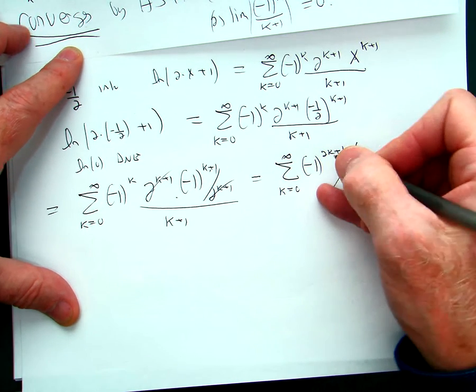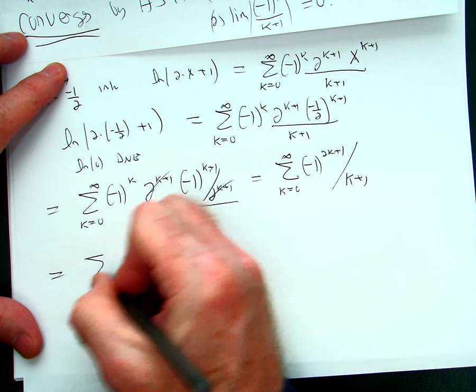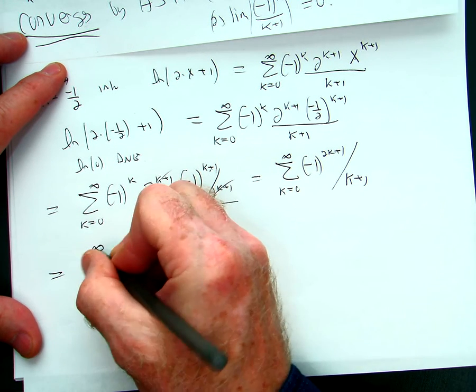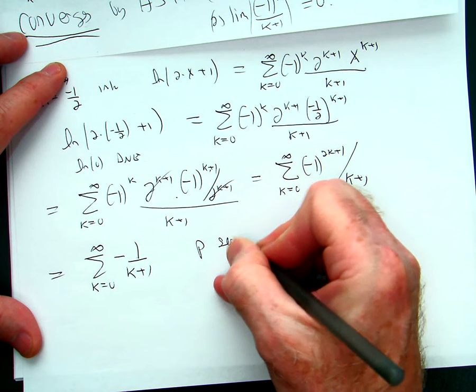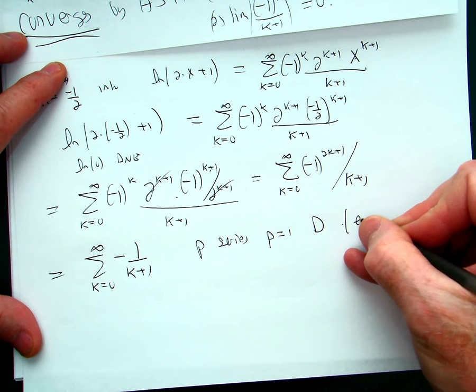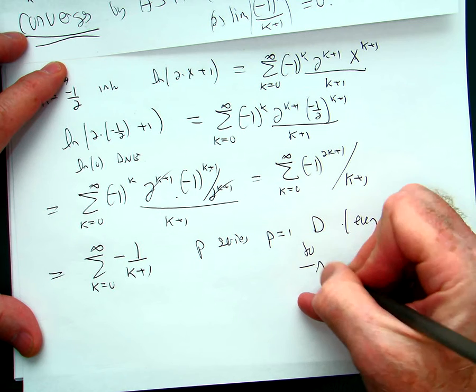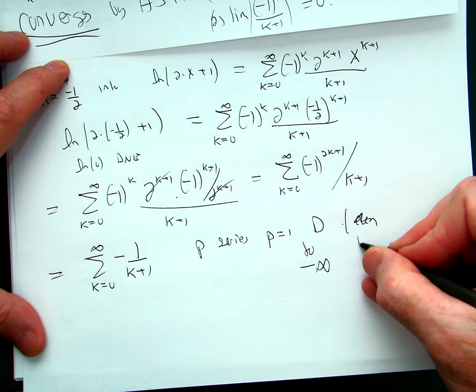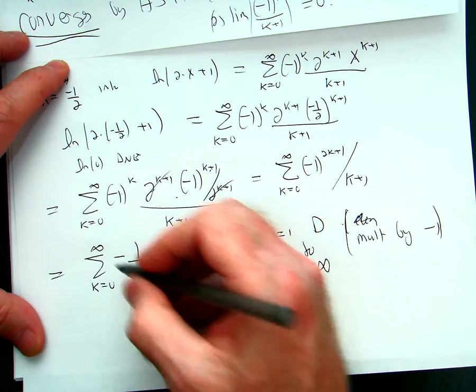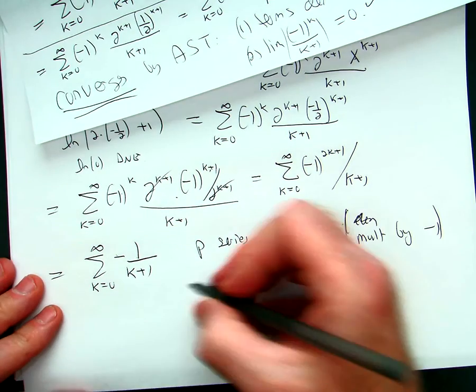Now this is always negative 1, and that's going to be a p-series with p equal to 1, so it diverges, even if multiplied by minus 1, it diverges to minus infinity. So that's going to diverge.